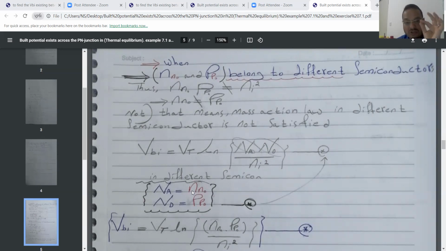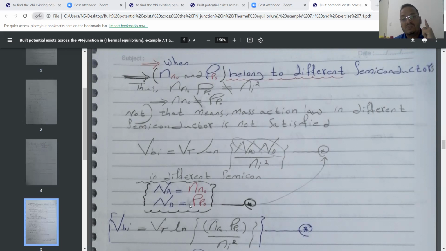That means the majority at the p-type was p, but here it equals n_n0. Why? Because we're dealing with different semiconductors. The same thing with donor concentration: in the last lecture it was equal to n, the concentration of electrons, but here it equals the majority concentration of holes.